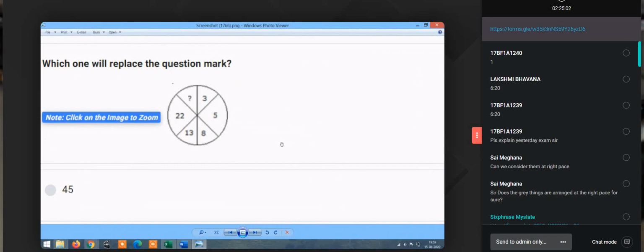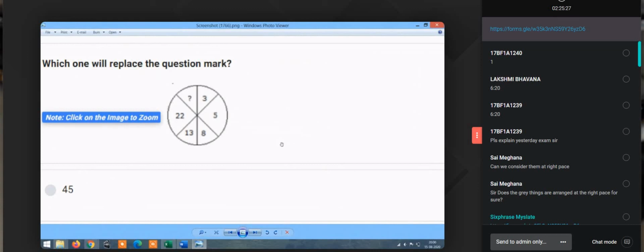the other method is, guys, 3 into 2 minus 1. Okay, 3 into 2 minus 1 is 5. Correct? 5 into 2 minus 2 is 8. 8 into 2 minus 3 is 13. 13 into 2 minus 4 is 22.